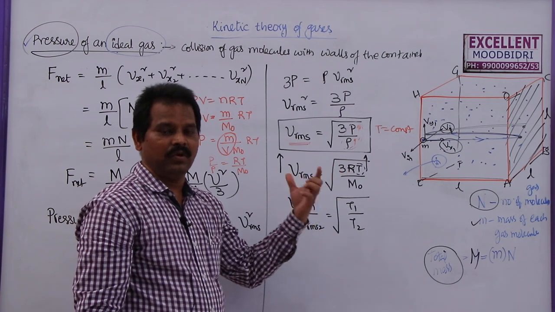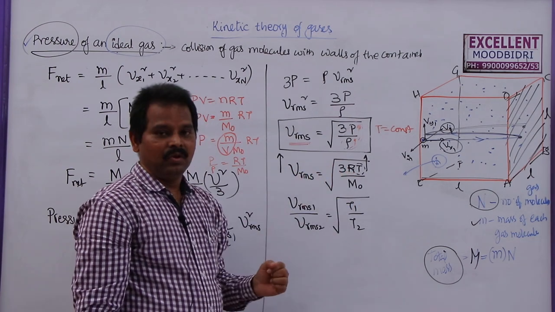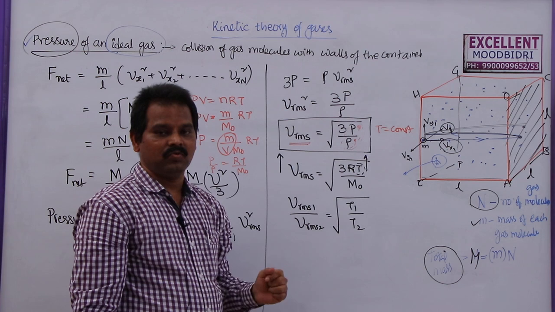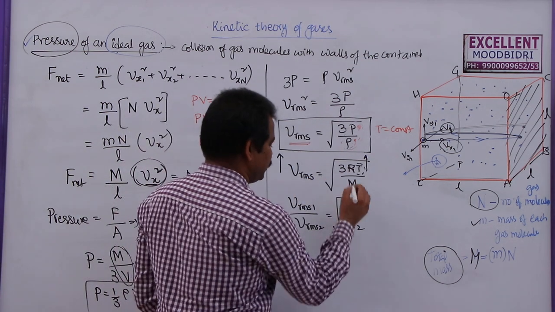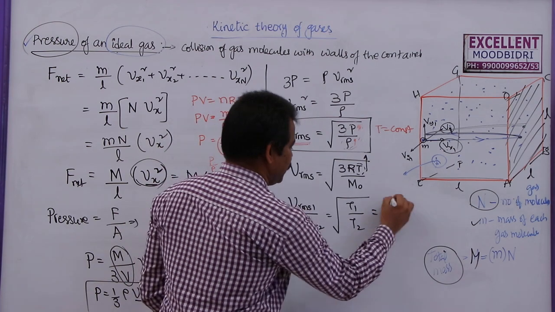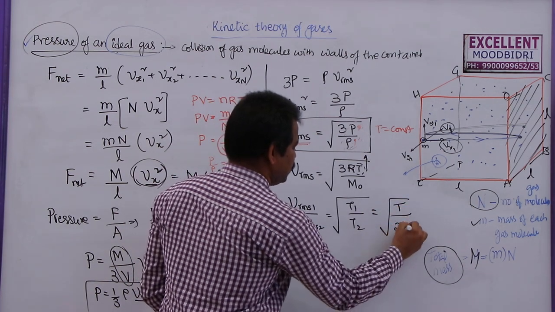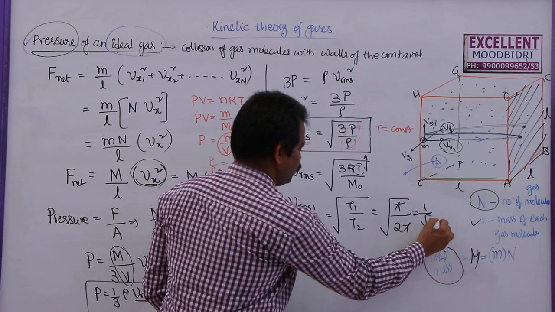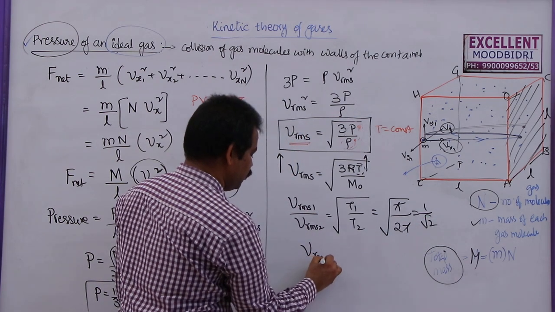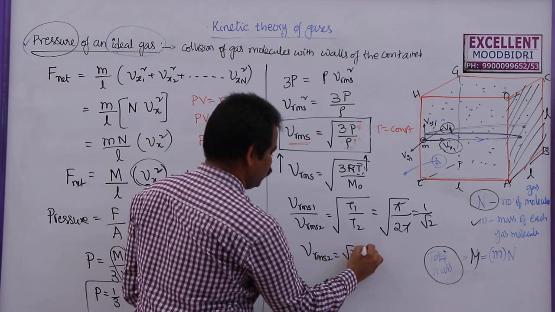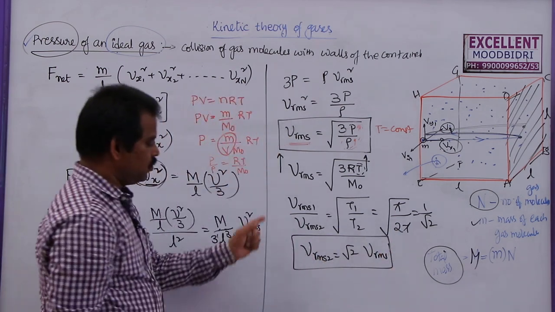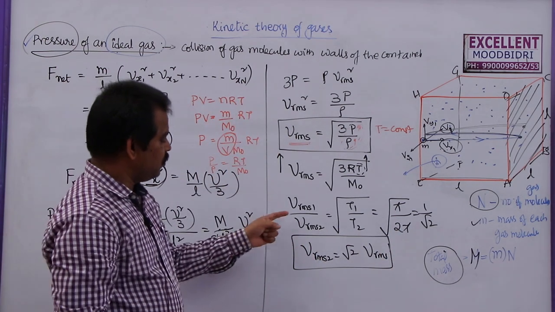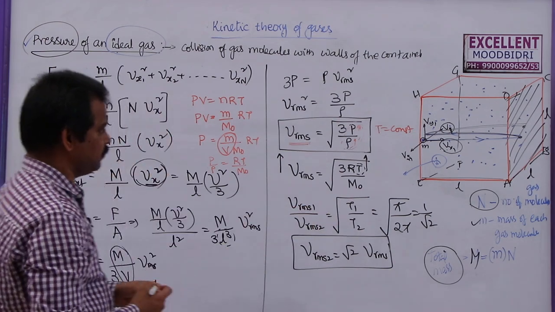Molecular weight of a gas is always constant. R is a universal gas constant which is equal to 8.31 joule per mole per Kelvin. So it only depends on temperature. If temperature is doubled, T cancels, this will become 1 by root 2. The new root mean square velocity is equal to root 2 times the VRMS. This is how you can find the relation between root mean square velocity and temperature.